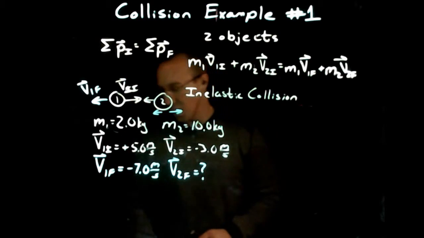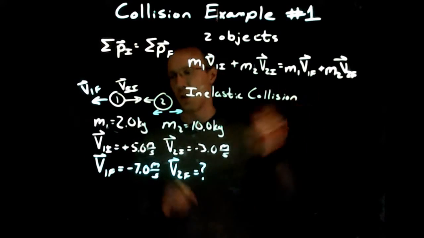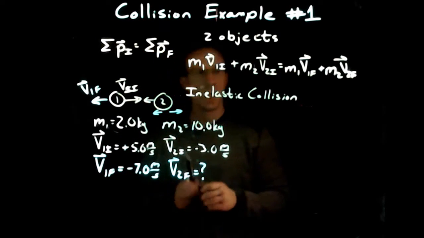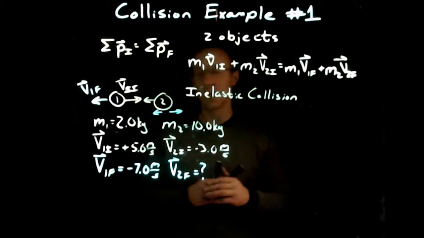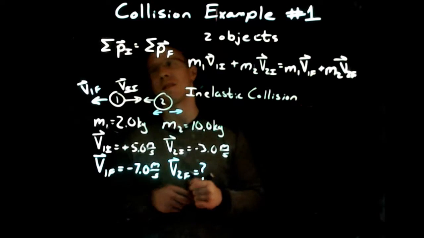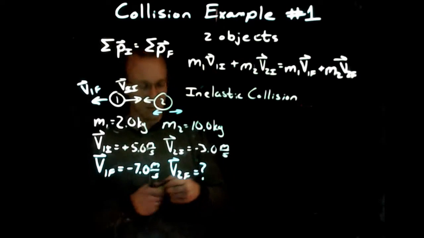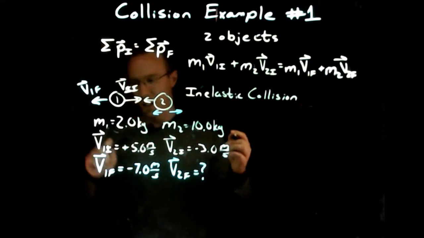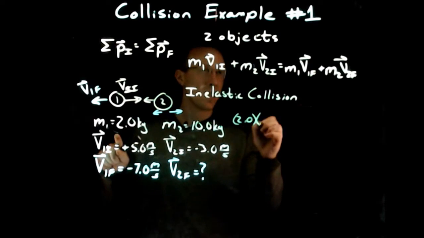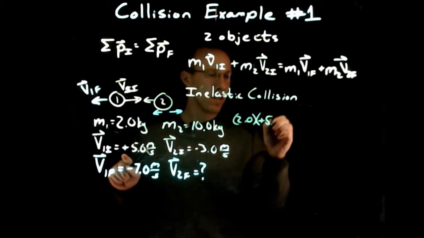All right, so our conservation of momentum equation is here, and all we have to do now is plug those numbers in. I am going to run out of room, so I'm not going to write the units. Just be careful: momentum has the units of kilogram meters per second. So my mass 1, 2.0, times V1I, plus 5.